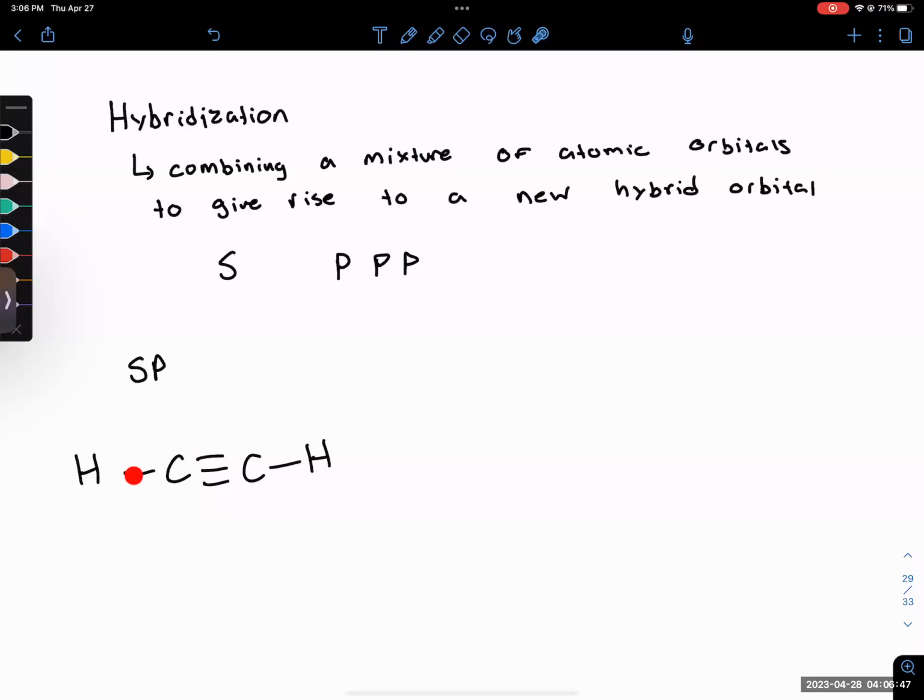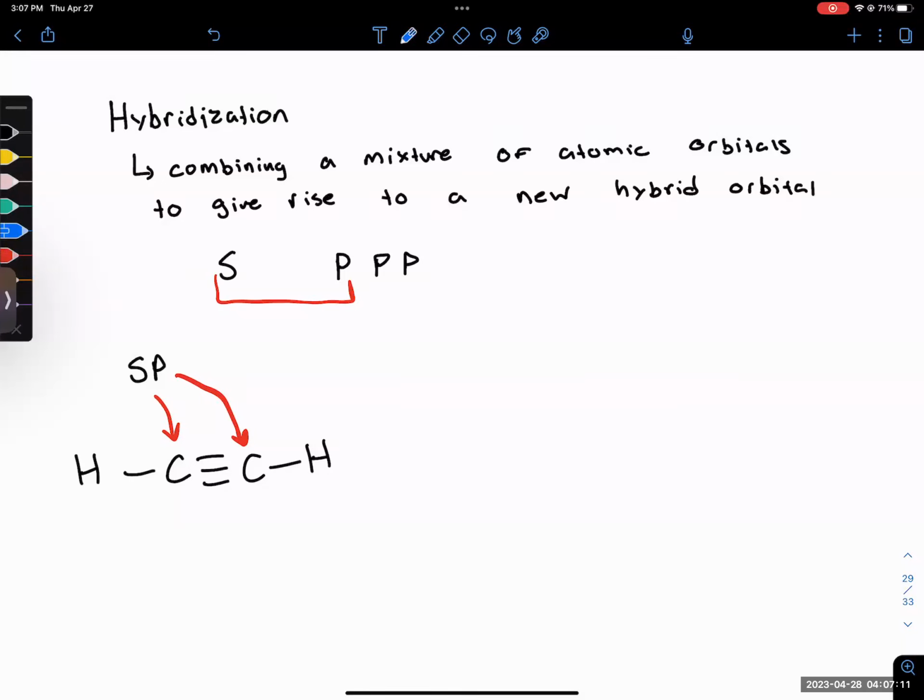So it'll be sp, and you know that this is an sp hybridized carbon. Same thing with the one on the right. That is when we take one s orbital and hybridize it with 1 p orbital.